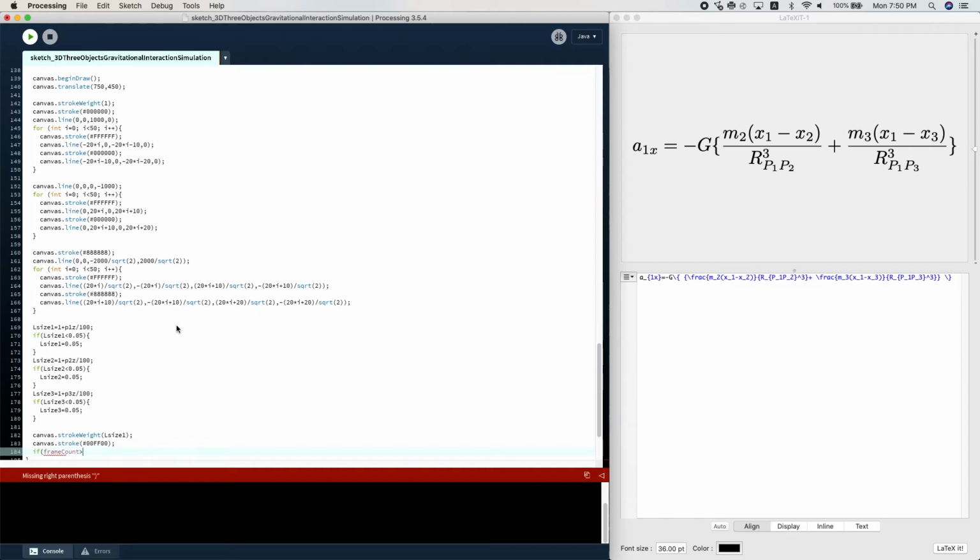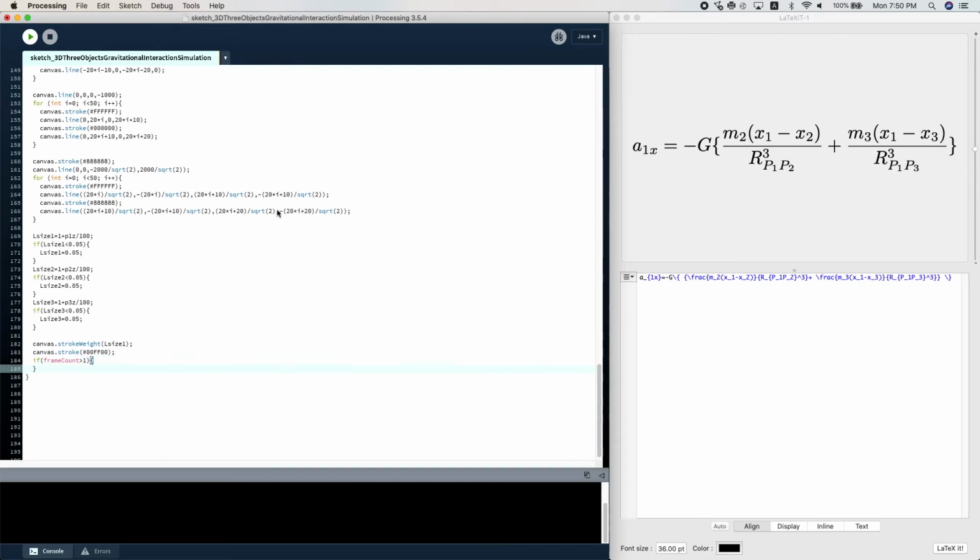So after the first iteration of our draw loop, only then we're going to say that canvas dot line is going to be equal to the line from the previous coordinate to the current coordinate.